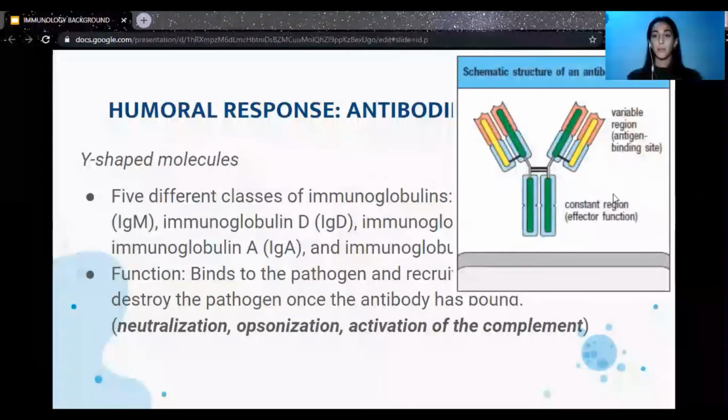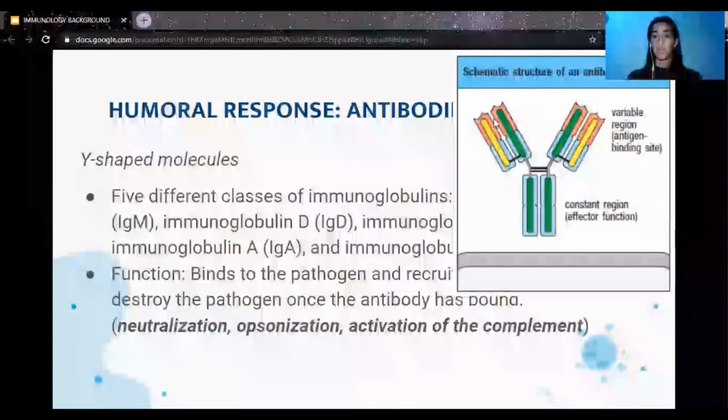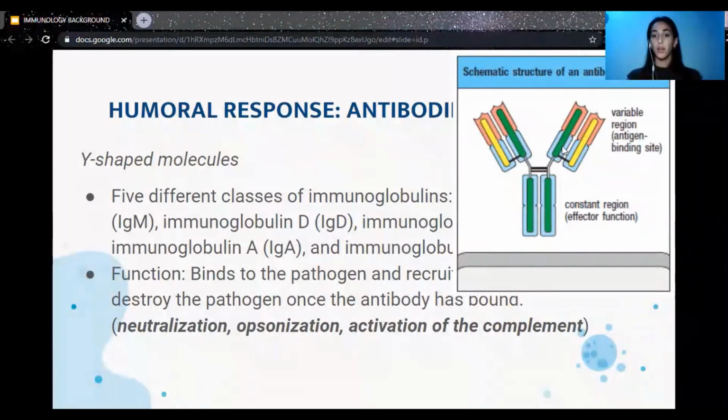We can see here in the picture, I hope you can see my cursor, the antibody molecule is composed of two identical heavy chains, here in green, and two identical light chains, here in yellow.